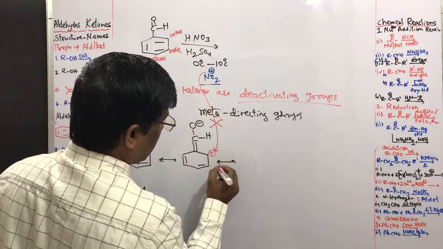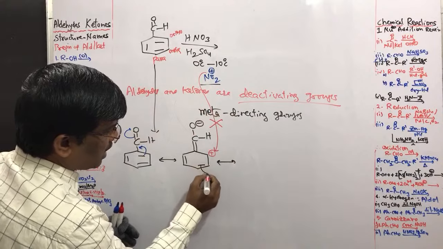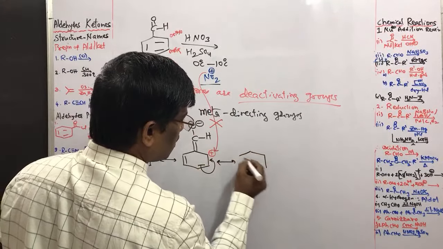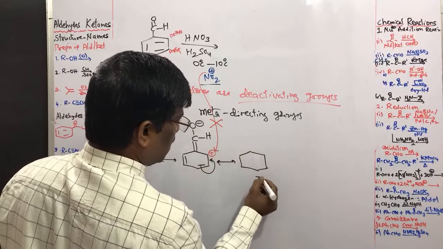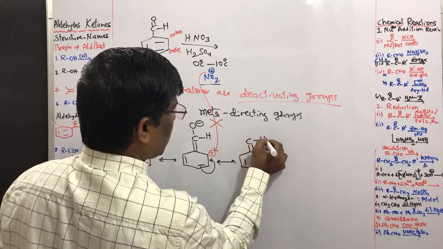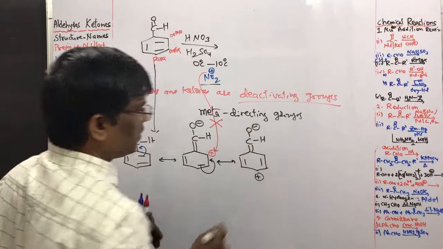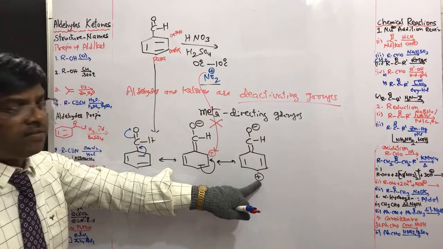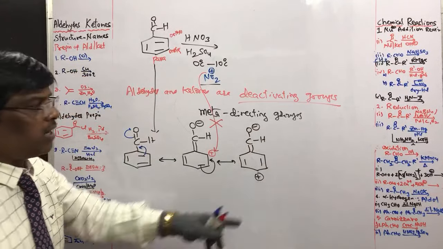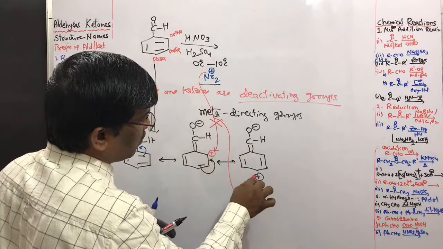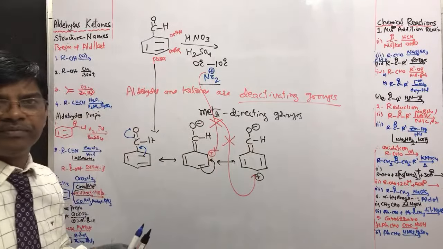Further resonance stabilization takes place to form this para position positive, double bond, hydrogen, O minus. So the carbocation is formed at the para position, and the electrophile is not going to attack the para position also.